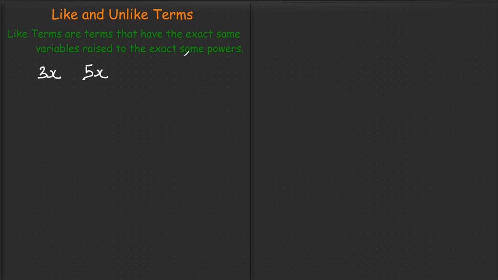On top of that, they should have the same powers. If you have an x as a variable, the number you have on top as its power or exponent or index should be the same. That is what this second line here means. So they all have the same variable, which is x, and the powers are all 1. So we can conclude by saying what?